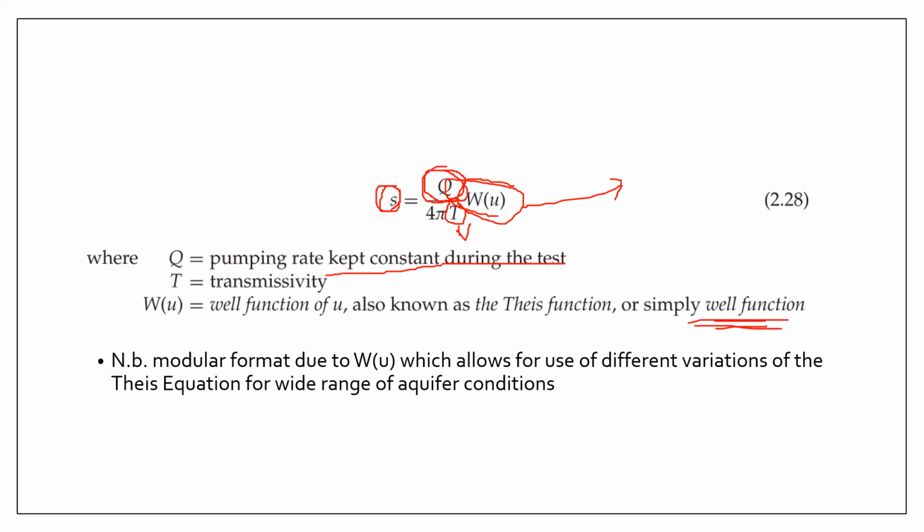Okay, so the well function is an important feature of the Thiess equation because it allows for a modular application of the equation. So the well function can be modified for different variations of aquifer conditions. Okay, so you have different well functions for different aquifer conditions.